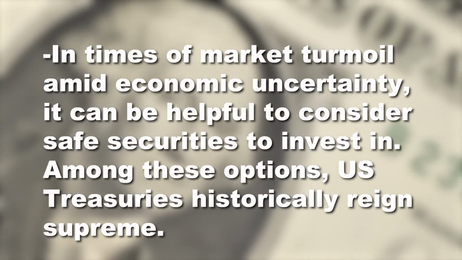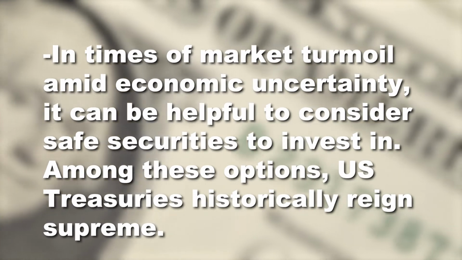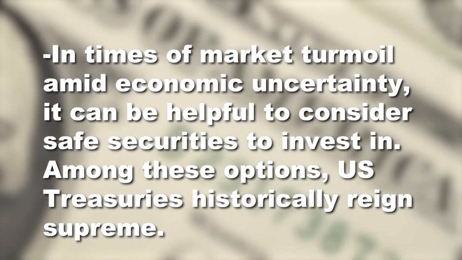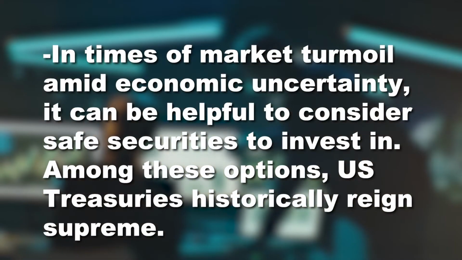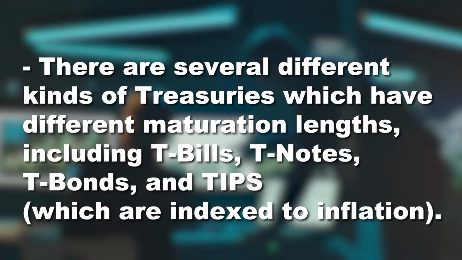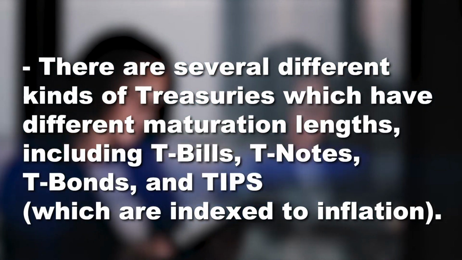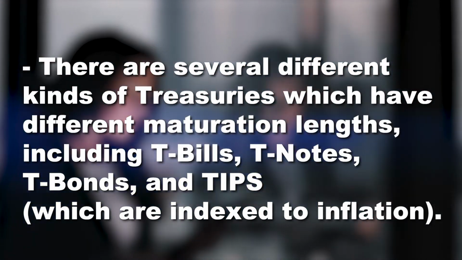Some key takeaways. In times of market turmoil amid economic uncertainty, it can be helpful to consider safe securities to invest in. Among these options, U.S. Treasuries historically reign supreme. There are several different kinds of Treasuries which have different maturation lengths, including T-bills, T-notes, T-bonds, and TIPS, which are indexed to inflation.